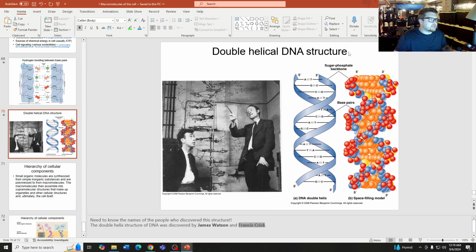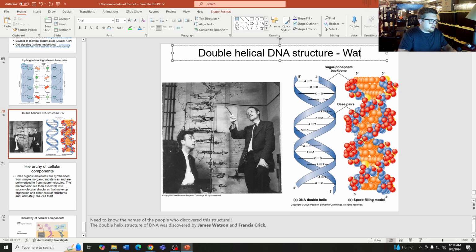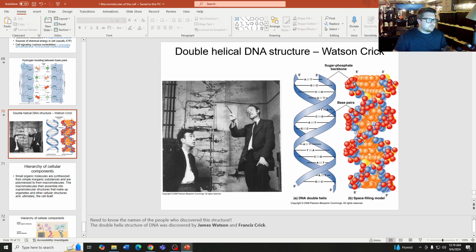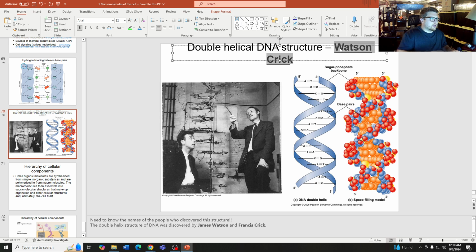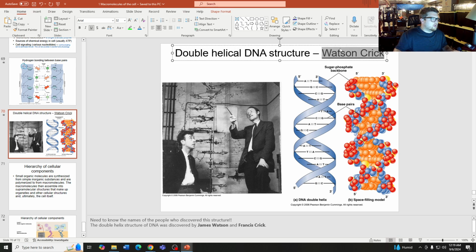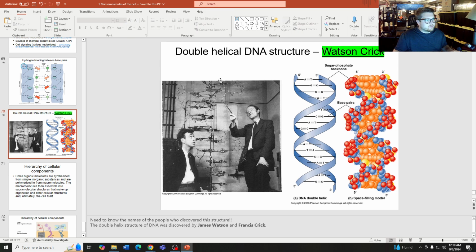They call this the Watson-Crick model. Absolutely need to know that. Need to know the Watson-Crick model.